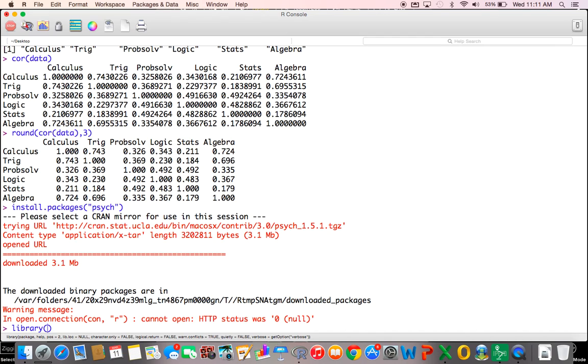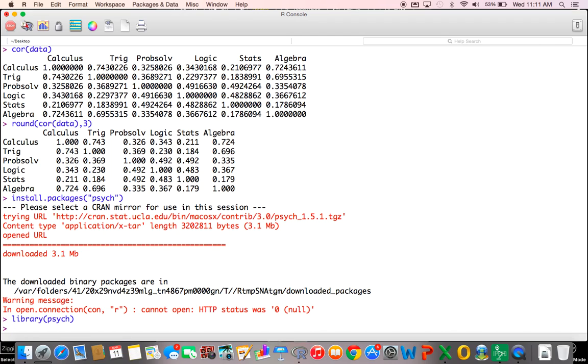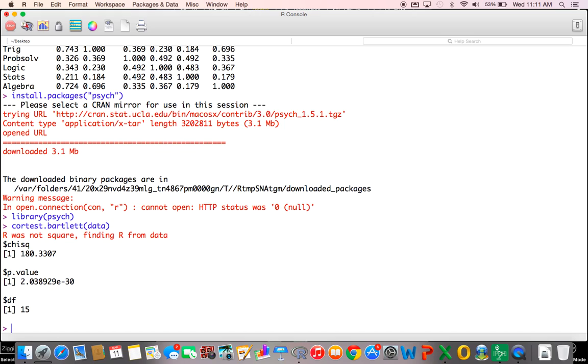So library(psych), and we're set to go. So guys, we're going to run the cortest.bartlett of our data. You'll see that the underlying probability distribution is a chi-square distribution. We have a chi-square statistic of 180.3, extremely high. We have a p-value that's e to the negative 30, so very, very, very low.